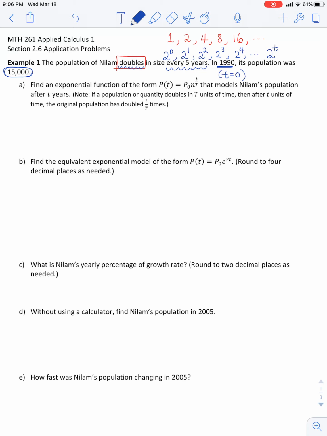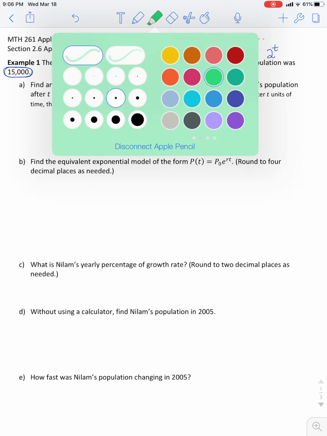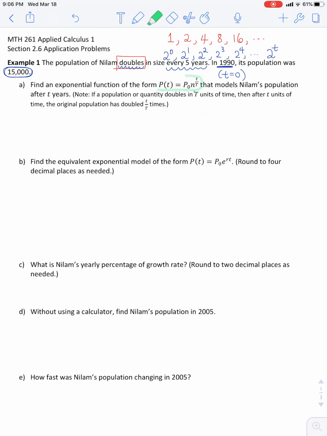Okay, let's read part A. Find an exponential function of the form P of t equals P naught times n raised to the little t over big T. Now this will be given to you on your homework too, but let's keep it.